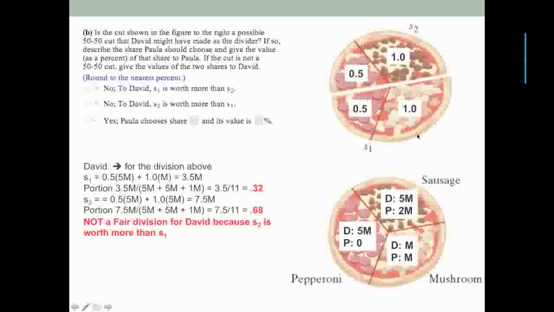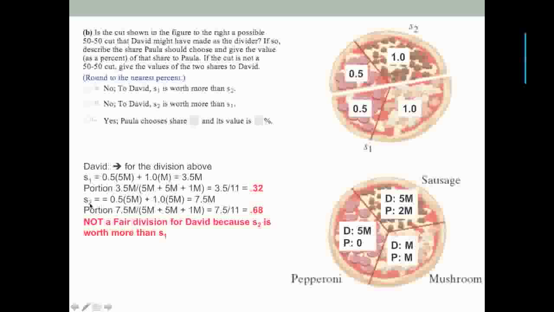S1 now is down here, so 0.5 times his valuation for pepperoni of 5m plus 1 times his valuation for mushroom, which is m. 0.5 times 5m plus 1 times m is 3.5m, divided by the total of his valuation on the whole entire pizza pie, which is 11m, gives us 3.5 divided by 11, or 0.32, or 32%.